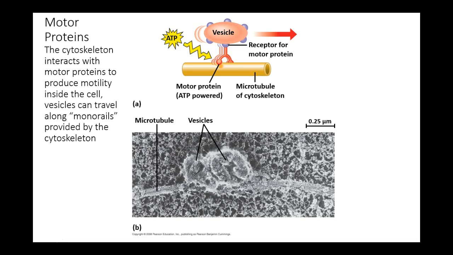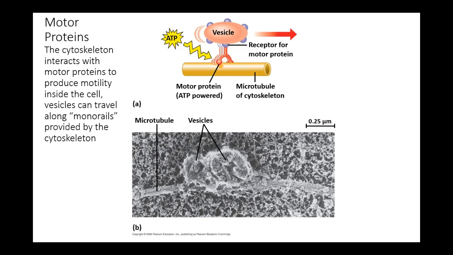to a spot that they are needed in the cell if need be, or to a spot where they can fuse with the cell membrane, the plasma membrane, and be exported outside of the cell in a process called exocytosis. They're called monorails, and so you can think of them kind of as monorails for transport.